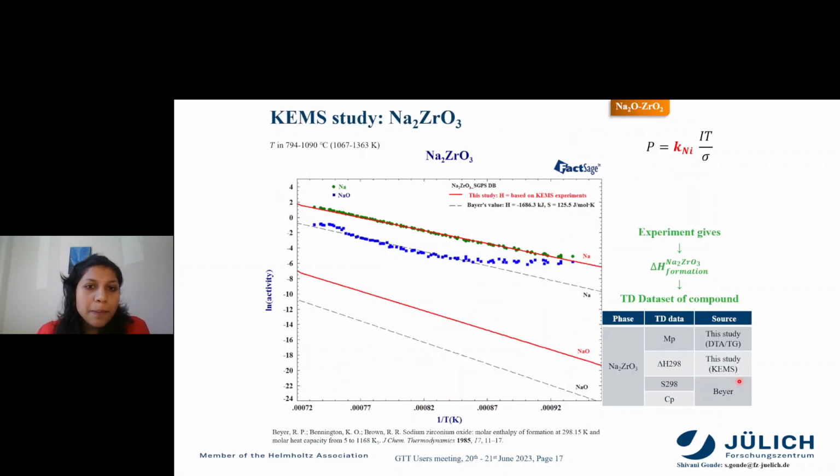And using this plot, these are the experimental points for sodium, and the red line indicates the formation enthalpy from our study, and this is 50 kilojoule different from Bayer's value. And this formation enthalpy will be utilized for the modeling of the sodium zirconate solid compound.